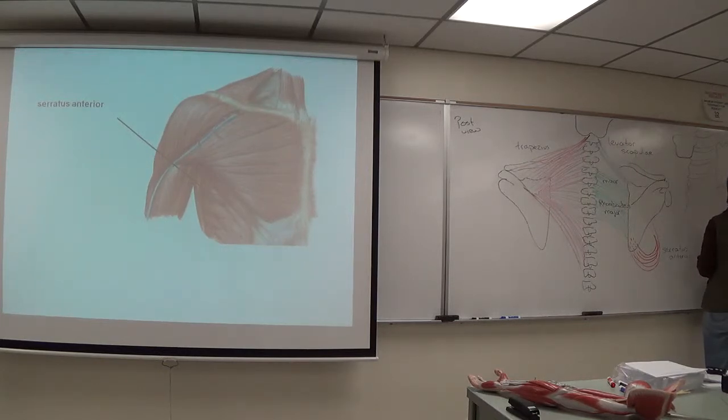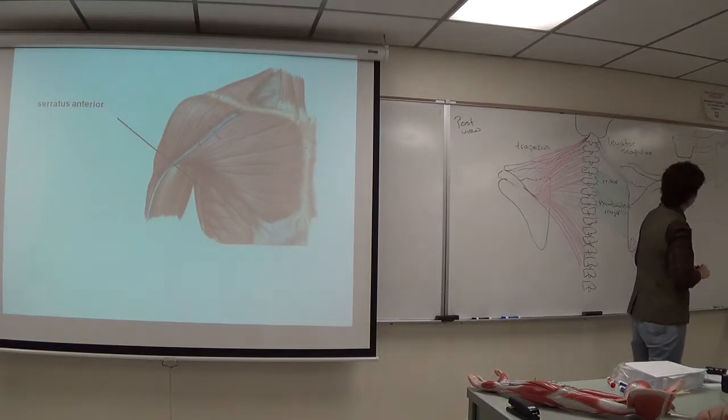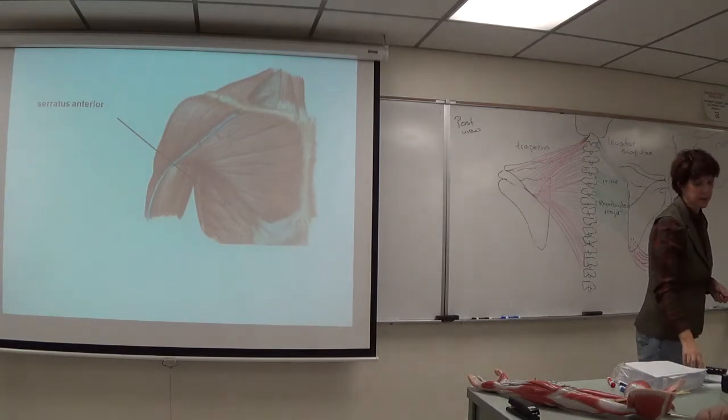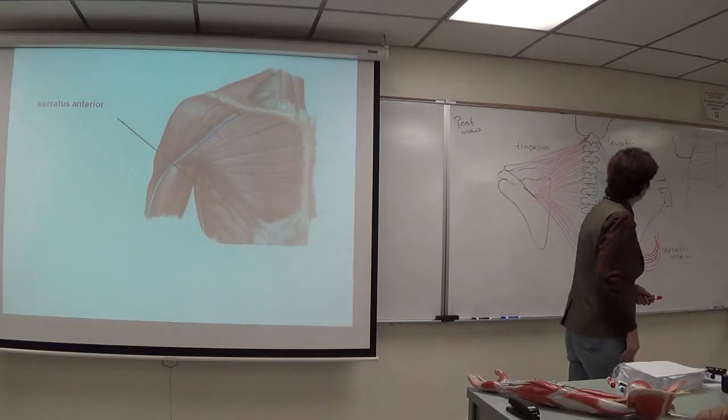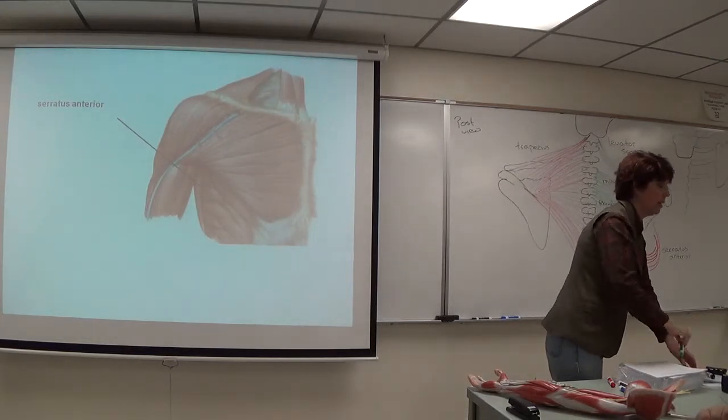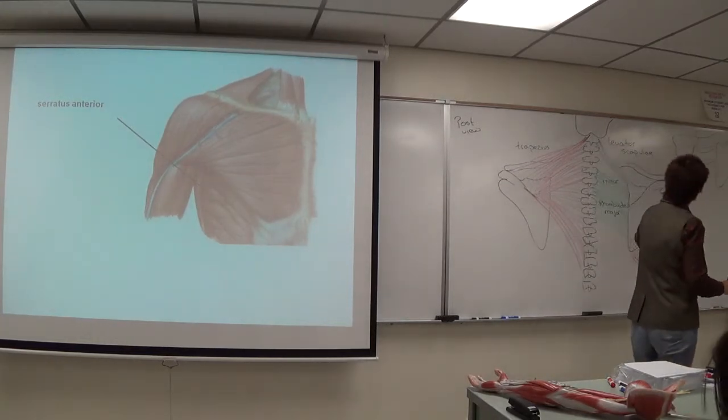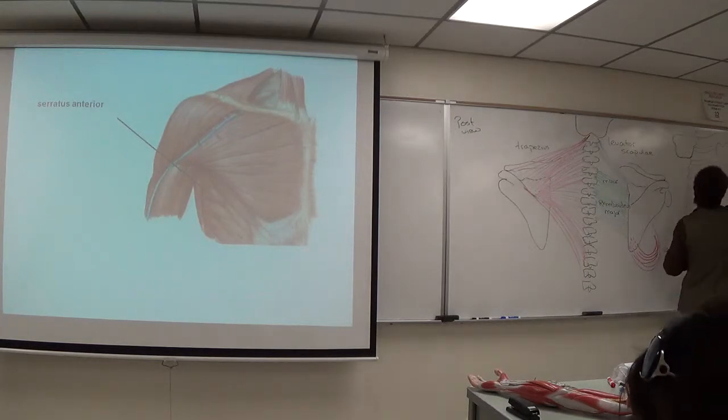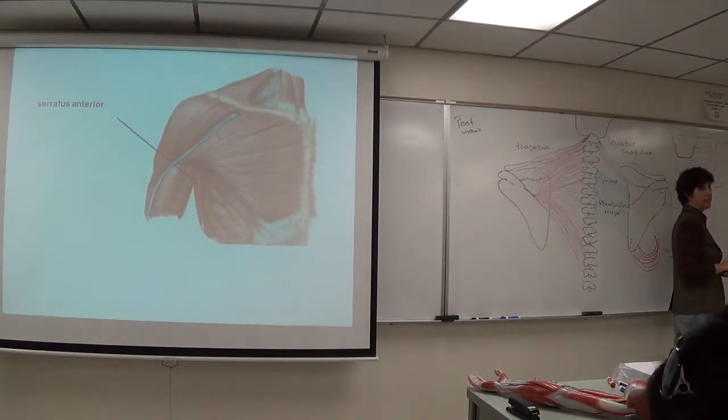So this is an anterior view. Here would be our coracoid process. And so this last muscle, pectoralis minor, has its origin from ribs 3, 4, and 5 and inserts onto the coracoid process of the scapula.